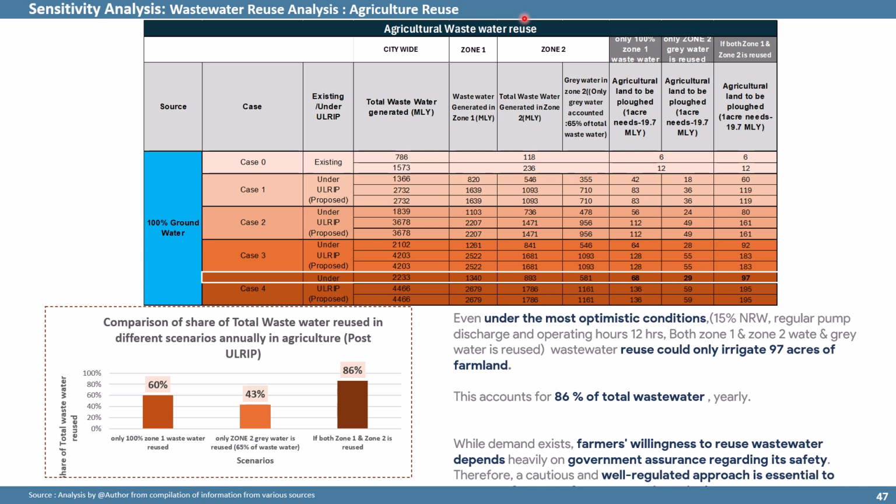This also gives us a benefit for potential inclusion of additional rural areas in future for more optimal utilization of wastewater in agriculture.